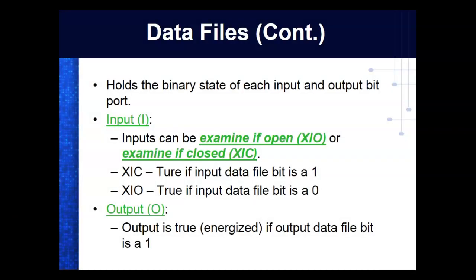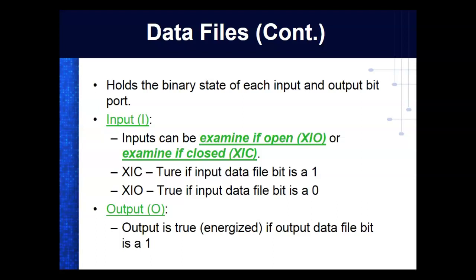We talked about the examine closed, examine open. What happens is that when the PLC examines that data input table, it's using examine closed instructions. So the one in that table is examine open, and it is going to say 0 in that data.